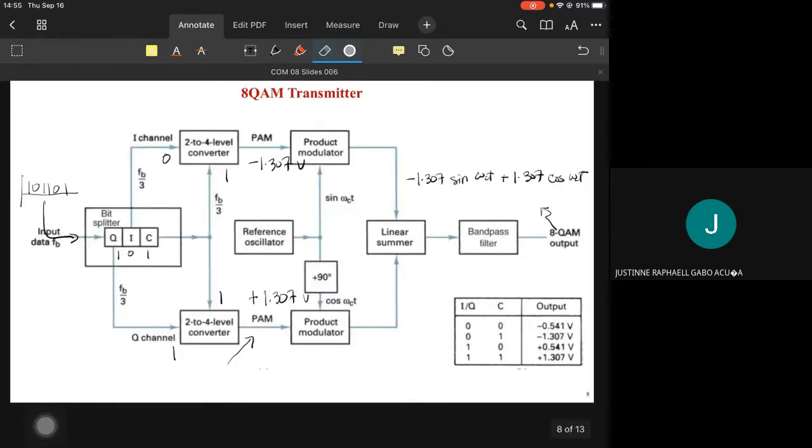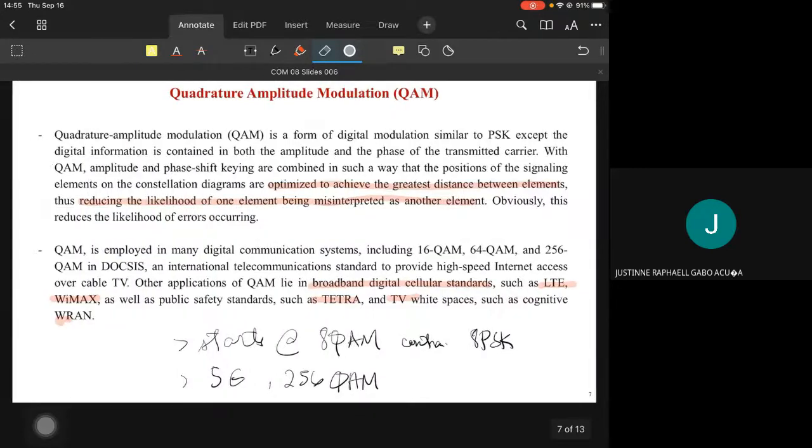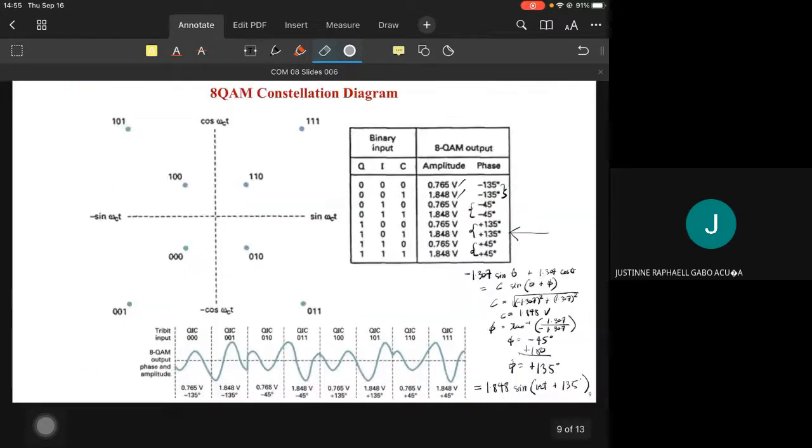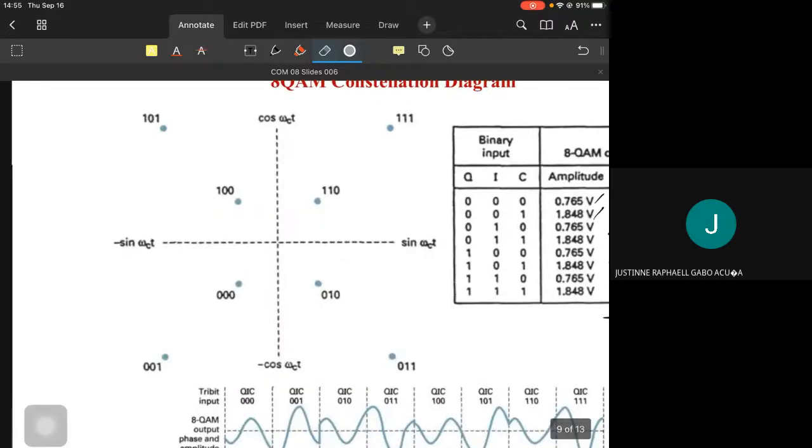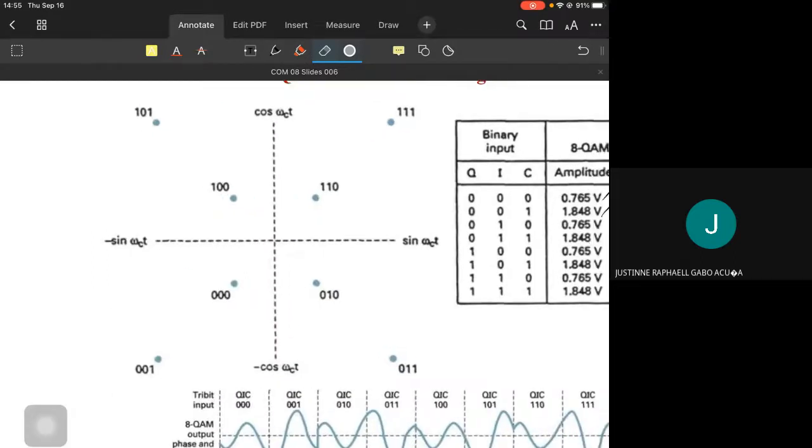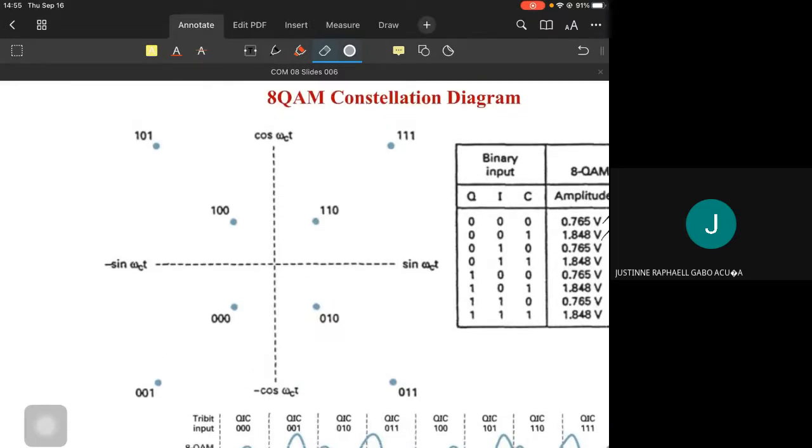So this statement is true. Good. Na-optimize ang distance between two elements, reducing the likelihood of one element being misinterpreted as another and reducing the likelihood of error. Visualize na ninyo, guys, na mas advantageous ang QAM compared to 8 PSK.